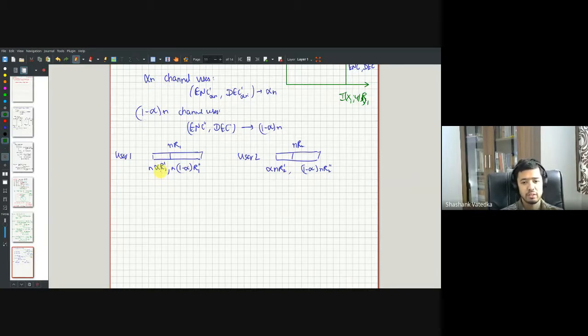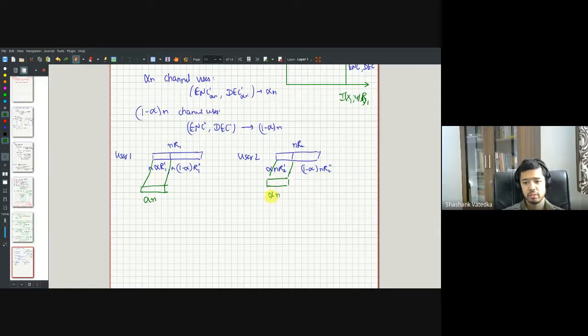right? And the first part of the message is encoded using the first encoder. So you get a code word of length alpha times n. Similarly, user 2 does the same thing. It encodes the first alpha n bits using encoder prime.